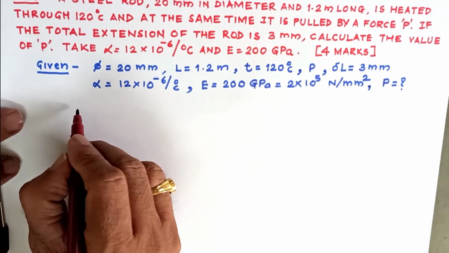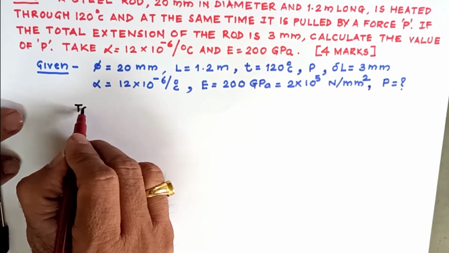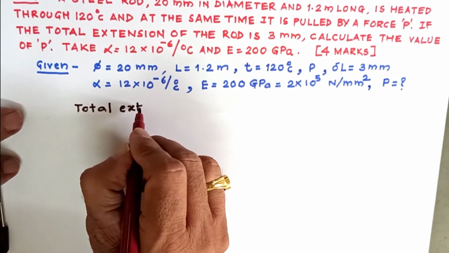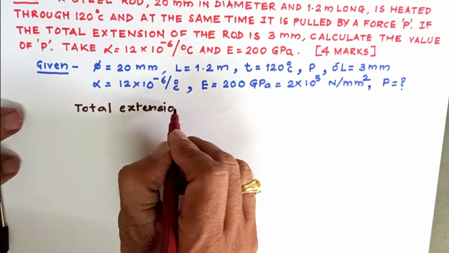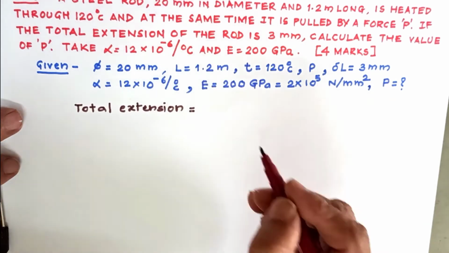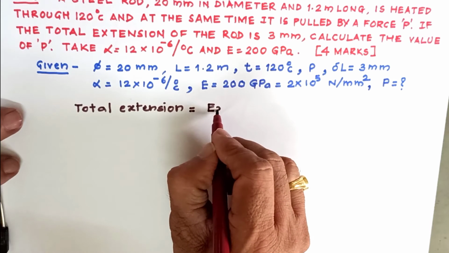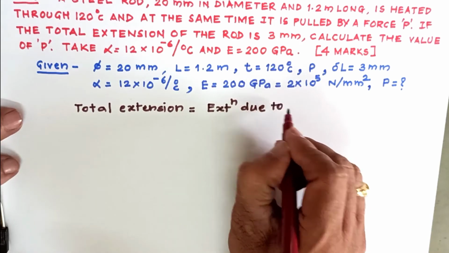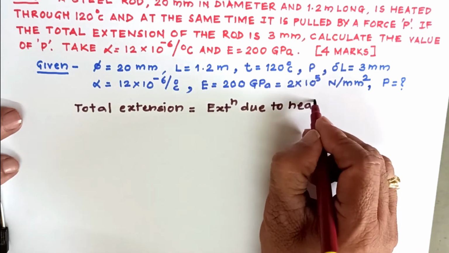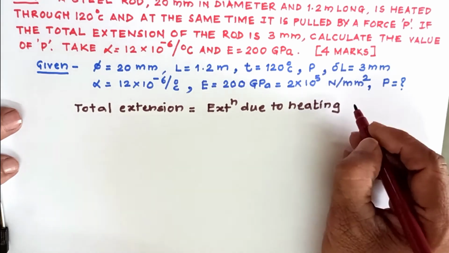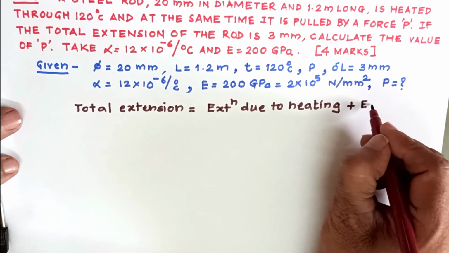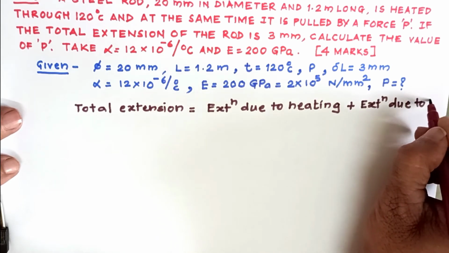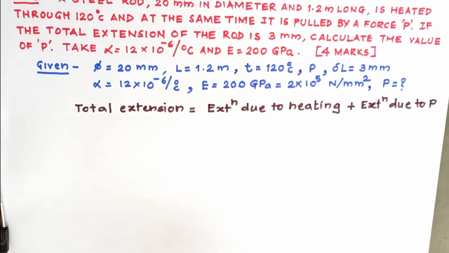So we will say that the total extension is equal to extension due to heating plus extension due to pull P.